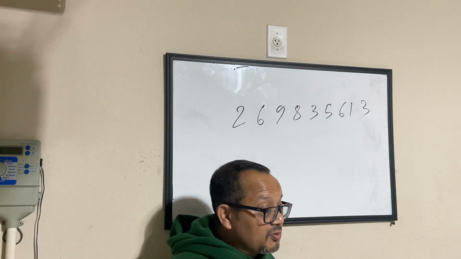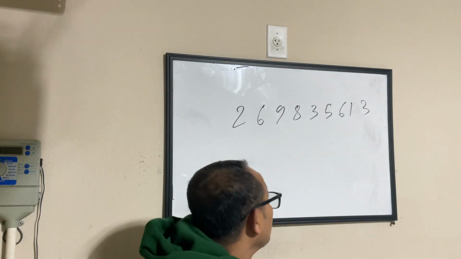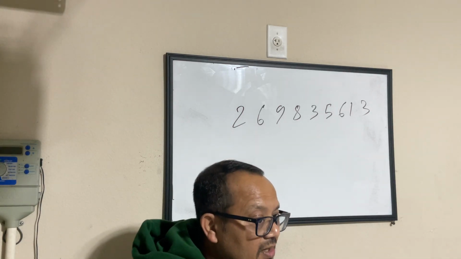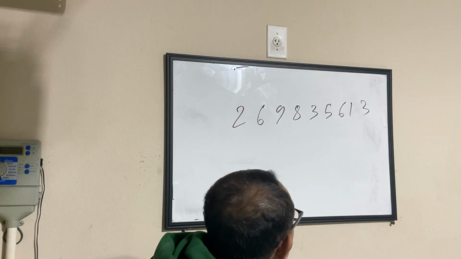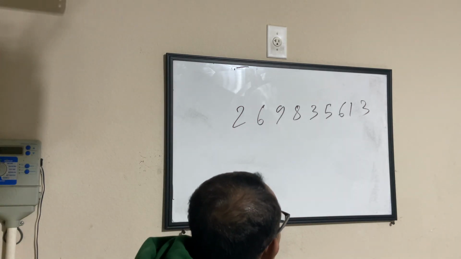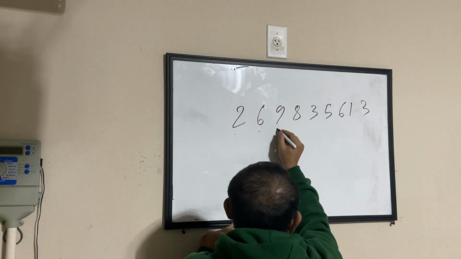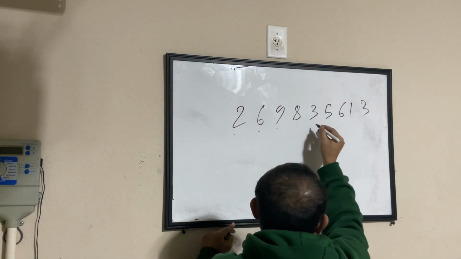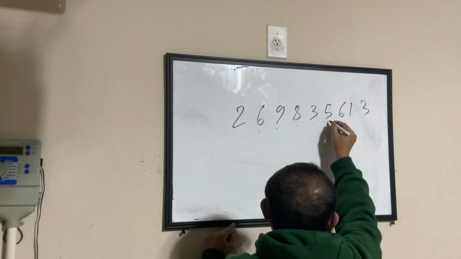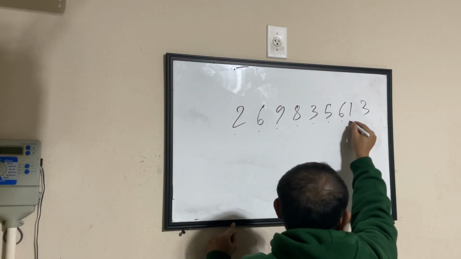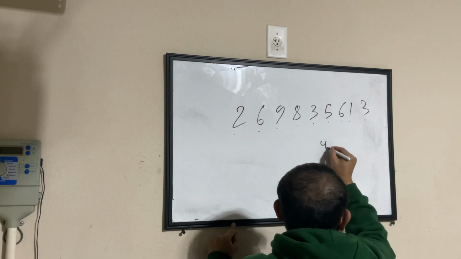All the approaches that you were thinking of will become very cumbersome to find out whether it can be divided by 3 or 9. What I will do is add the digits. 2 plus 6, 8, plus 9, 17, plus 8, 25, plus 3, 28, plus 5, 33, plus 6, 39, plus 1, 40, plus 3, 43.